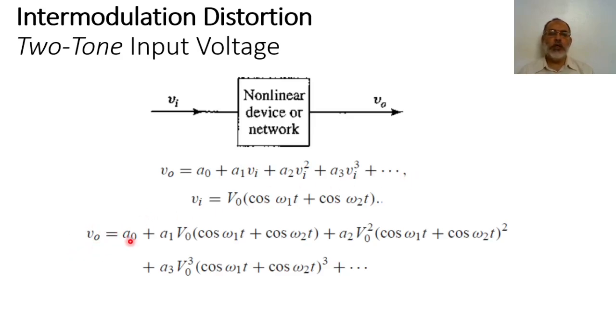The Vout would be A0 + A1 V0 (cos ω1t + cos ω2t) + A2 V0² (cos ω1t + cos ω2t)², plus A3 V0³ (cos ω1t + cos ω2t), all of them to the power 3.